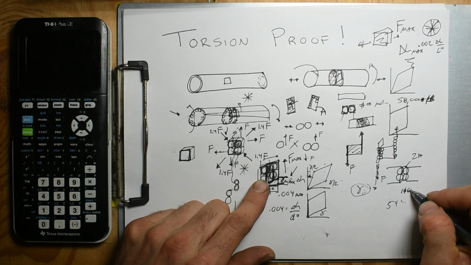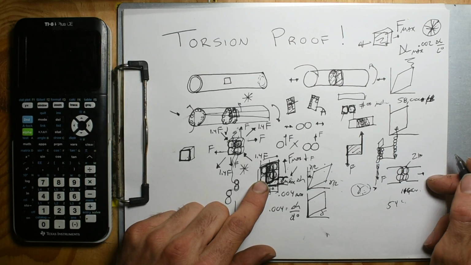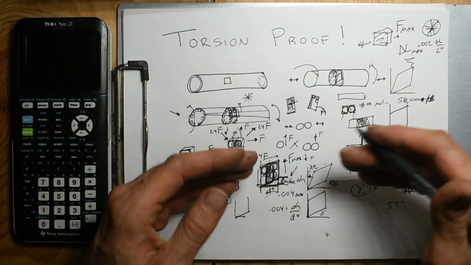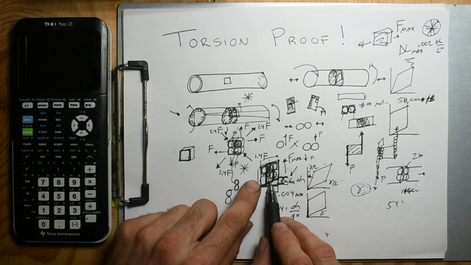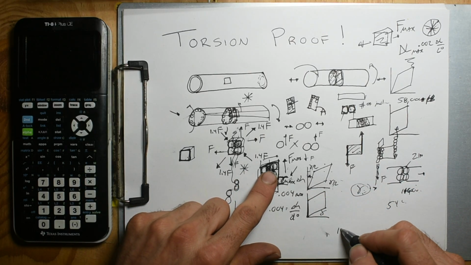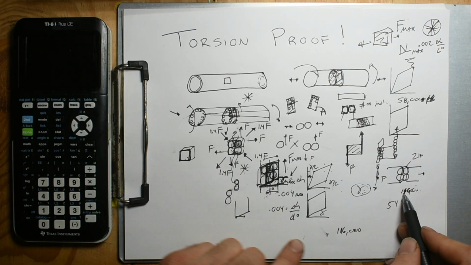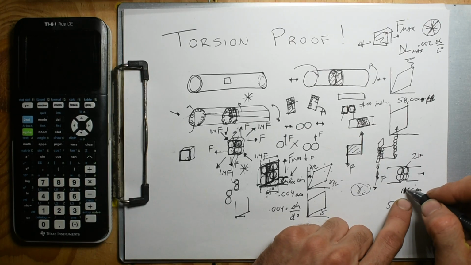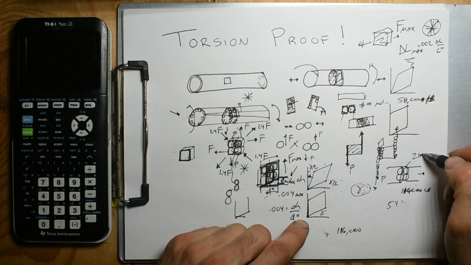I could get 116,000 pounds out of this bar. And so if I'm trying to compare apples and apples, I would compare this bar to this, and then my input force would be 1,100. And so this is the force to break this bar. Let's say 116,000 pounds.